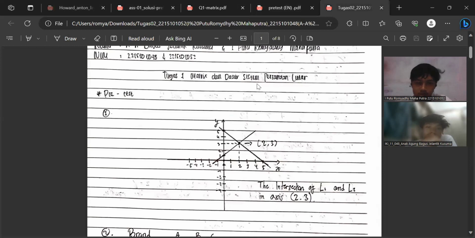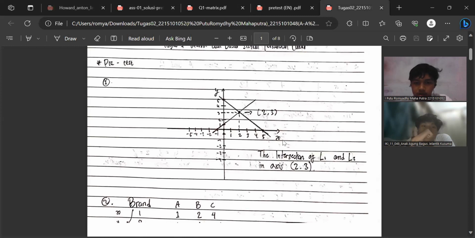Based on that question, I created the coordinates: the x axis is -1 and 5, and the y axis is 5 and 1. From linear algebra, we can make the straight lines through x1 and y1.